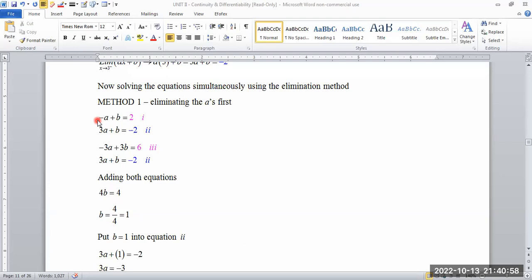So 3 times all of this is going to give me -3a plus 3b is equal to 6. I'm no longer interested in the original equation 1. I don't need it.